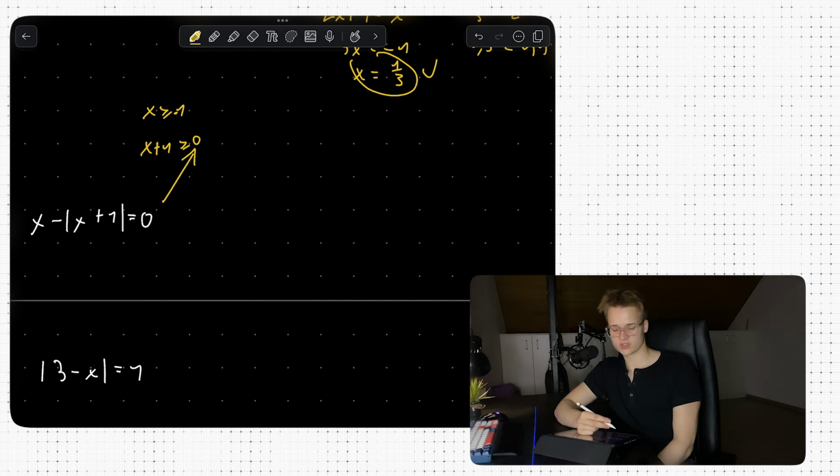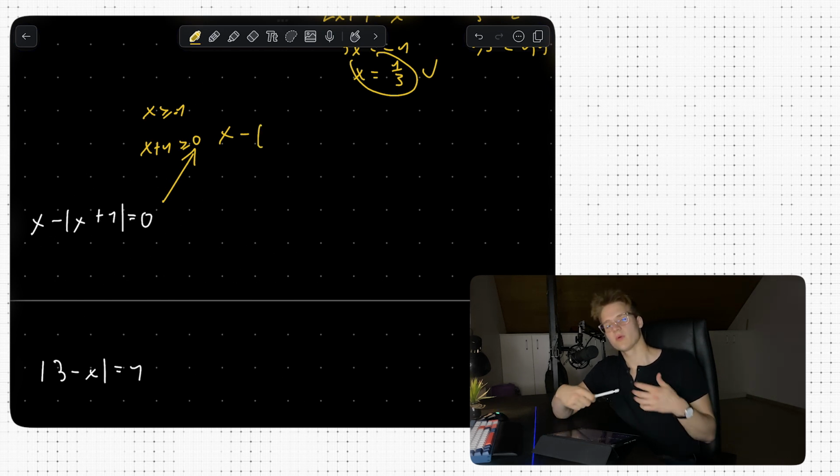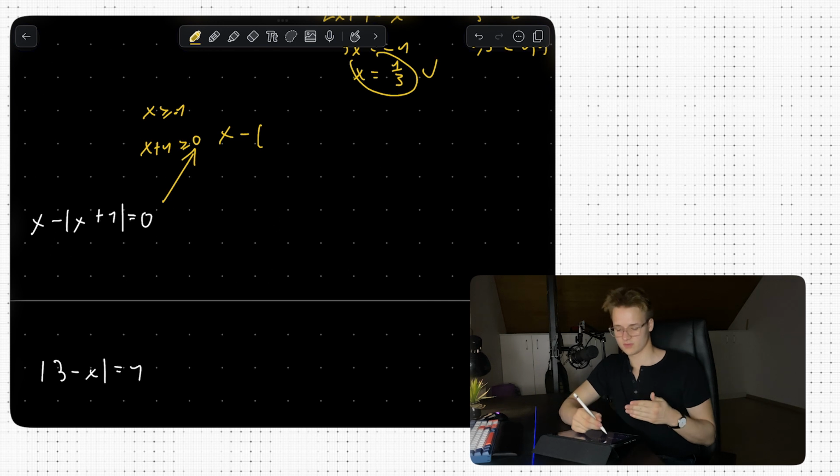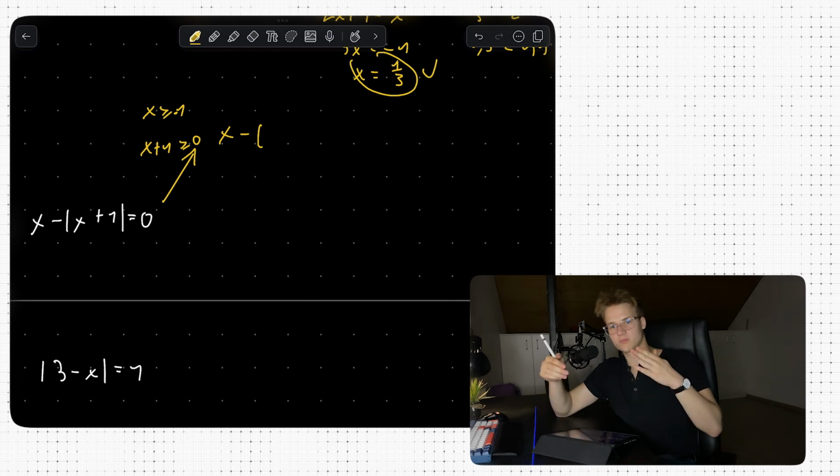And in that case, we can just remove the absolute value and don't add anything. So we would get x minus, and then this would be parentheses. Whenever you replace it, if the thing inside the absolute value is less than 0, you would replace the absolute value with parentheses and add a negative sign in front of it. And if the value inside the absolute value is greater than or equal to 0, then you would just replace the absolute value with parentheses.